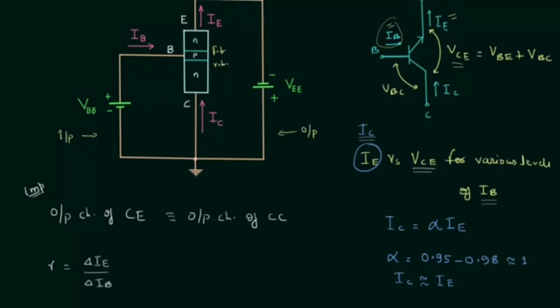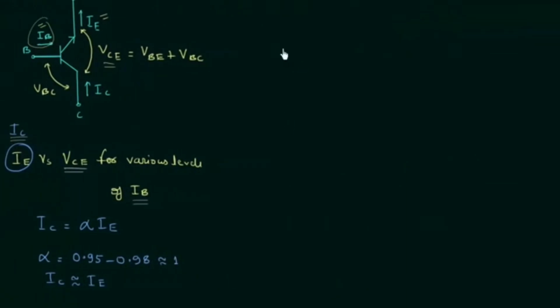We already know the emitter current IE is equal to the collector current plus the base current, and the collector current IC is equal to alpha times IE plus ICBO. This is equation number 1 and this is equation number 2.